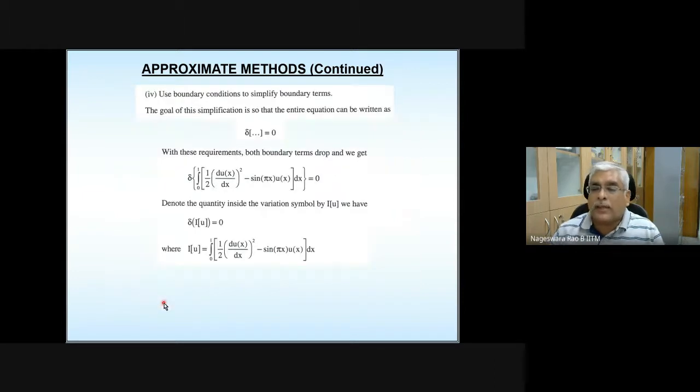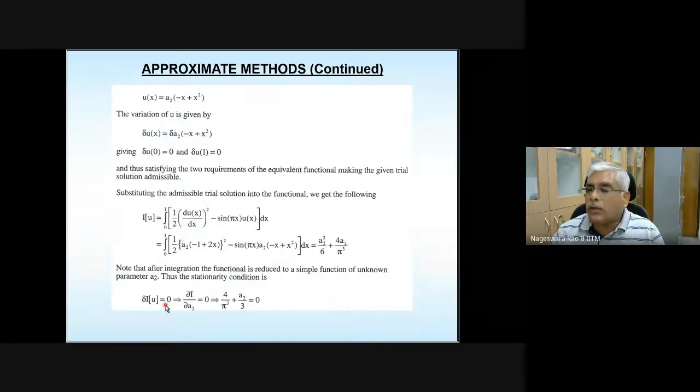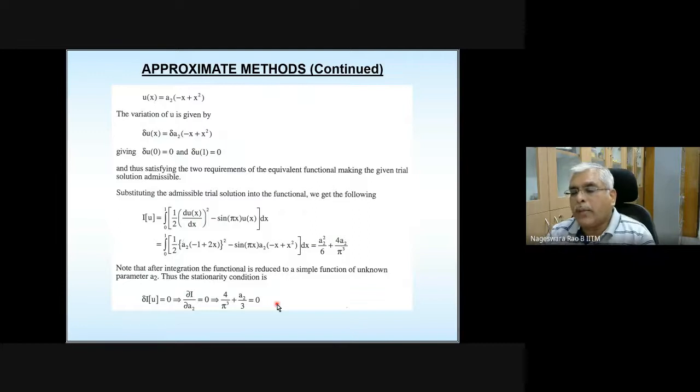That is what this equation is. Variation of I is equal to 0 only if the partial derivative of I with respect to the unknown parameter is equal to 0. What is the unknown parameter? A2. So you take the partial derivative of I with respect to A2 and equate it to 0, and you are going to get one equation, because you need to determine only one unknown parameter.